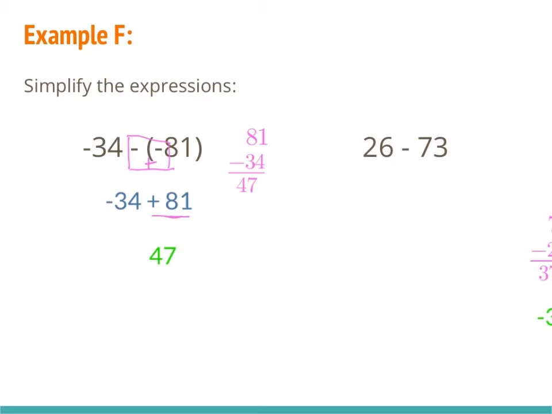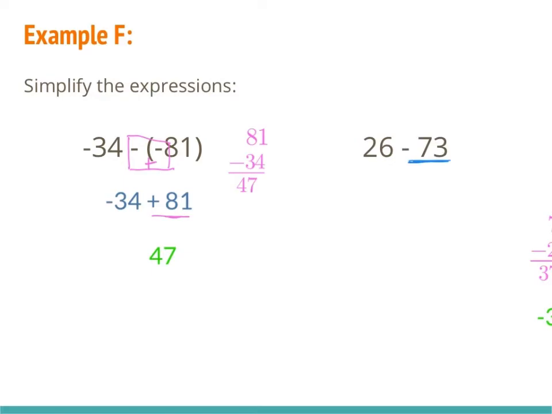Let's take a look at the second one. On the second one, I've got 26 minus 73. There are no double signs here, so I don't have to do any rewriting, but they have different signs. I've got a positive 26 and a negative 73, so I have to determine which one has the greater absolute value. And in this case, the 26 is only 26 away from 0, and the 73 is 73 away from 0, so I know my answer is going to be negative because it has the greatest absolute value.